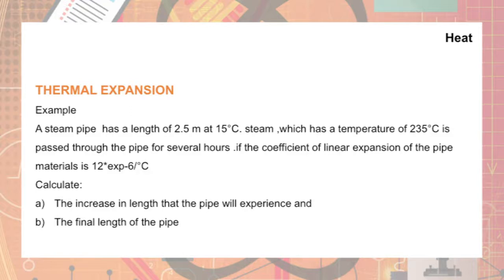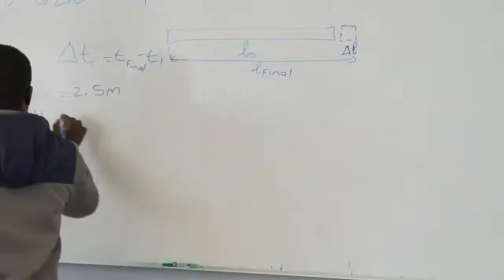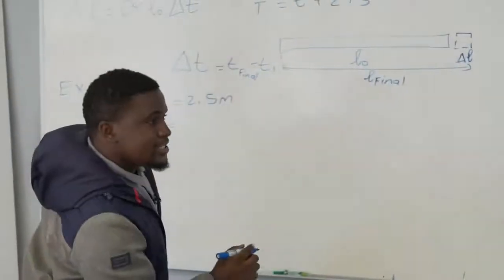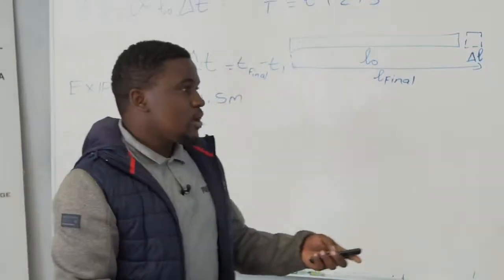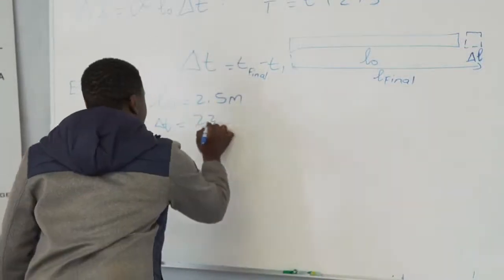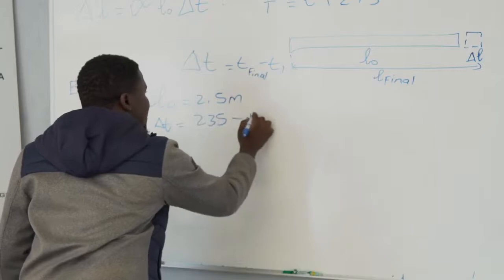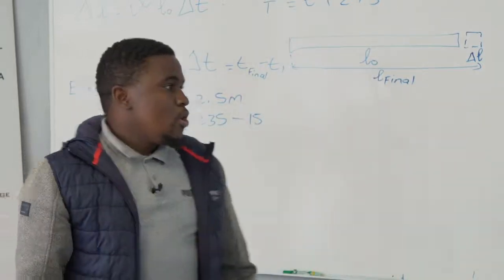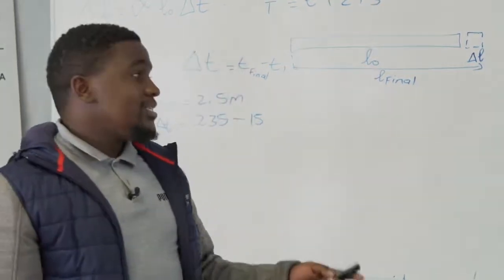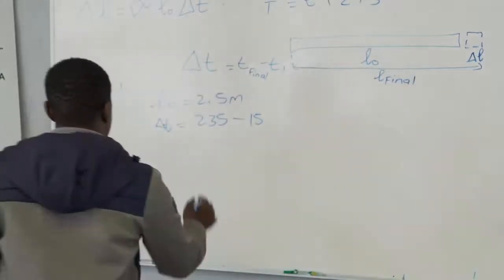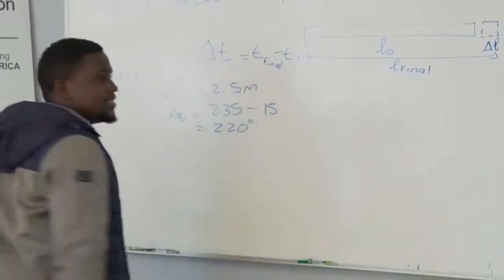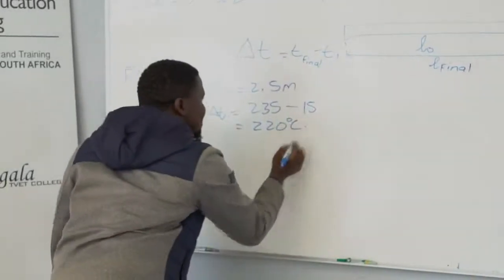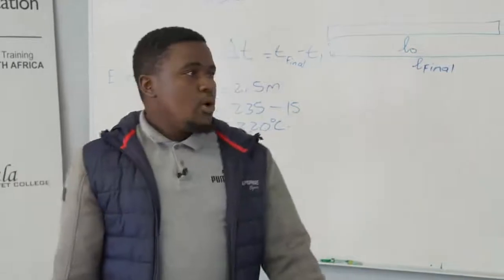Then we can say our change in temperature is equal to 235 minus 15. With this, we got that our change in temperature is equal to 220 degrees Celsius.